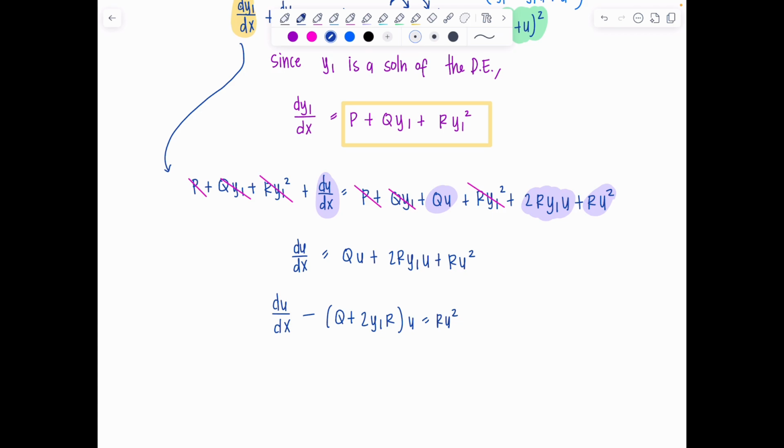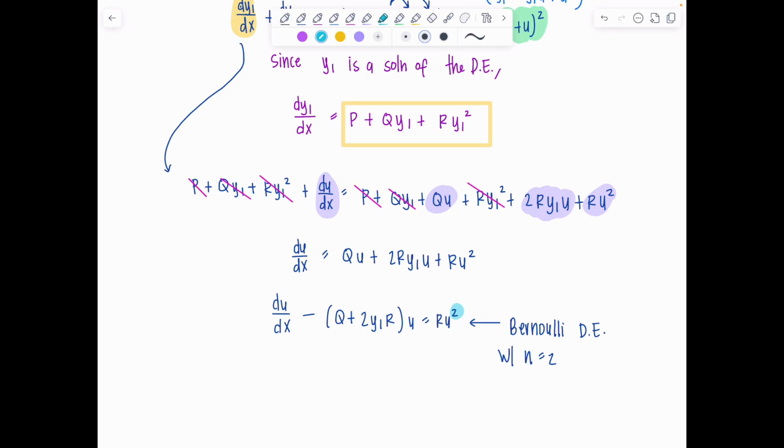Do you recognize what kind of differential equation this is now? Maybe? Yes, this is a Bernoulli differential equation. It's a Bernoulli DE with n equaling 2, because we have u squared always on the right-hand side.